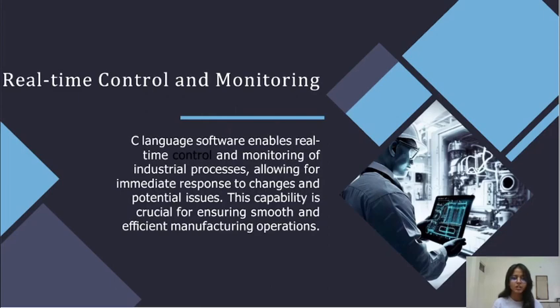Real-time control and monitoring. C language software enables real-time control and monitoring of industrial process, allowing for immediate response to changes and potential issues. This capability is crucial for ensuring smooth and efficient manufacturing operations.